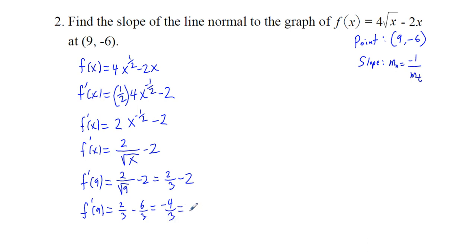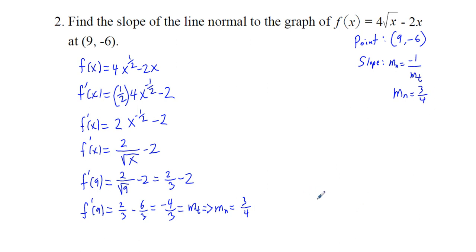And that's going to be m sub t. And so therefore m sub n is going to be your negative reciprocal, which equals positive 3/4. So m sub n equals 3/4.